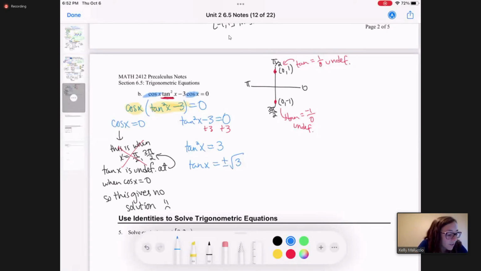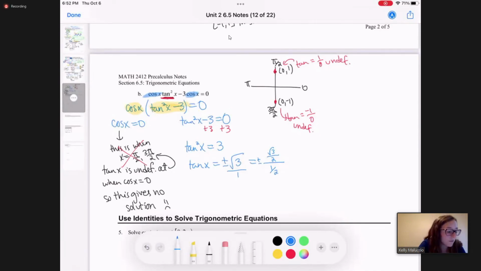Square root of 3 over 1, and you should know it comes from root 3 over 2 and 1/2. That's where these are coming from. So it's going to be plus or minus root 3 over 2 divided by 1/2, basically the positive ones and the negative ones.